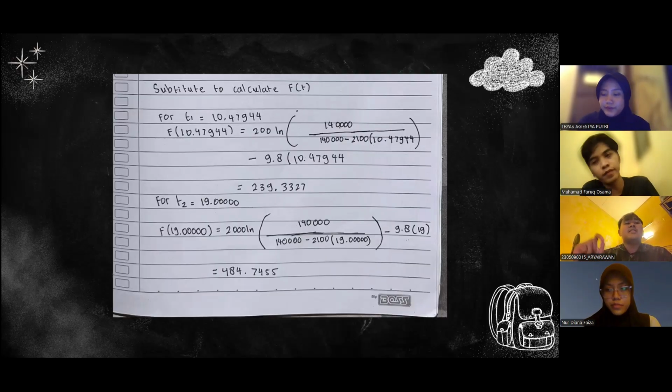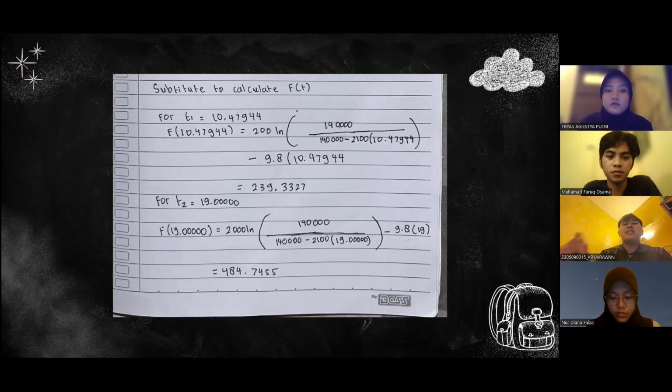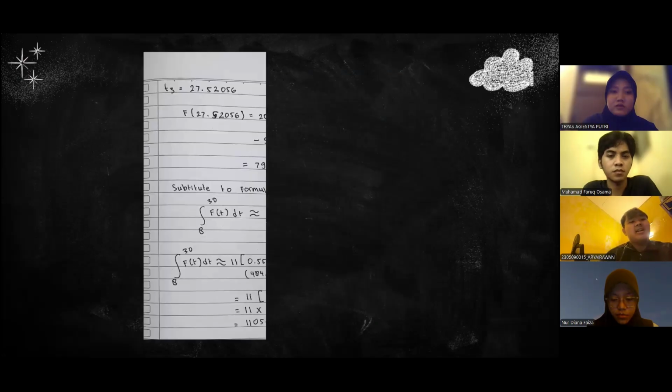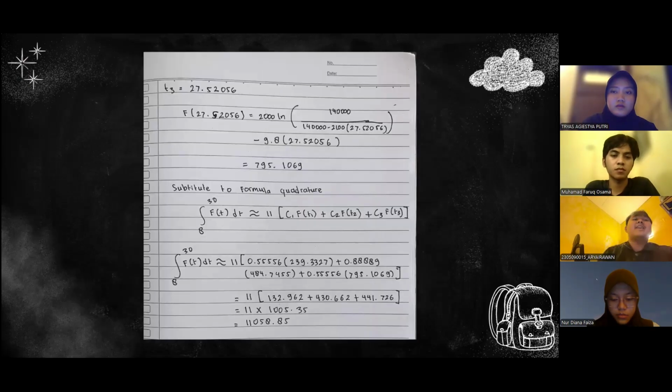For the function of t2, it is like t1. The value 19 will be substituted to the formula. So the result is 484.7455. And then for t3, it is like before, the same as t1 and t2: we just substitute the value of t3 to the formula.